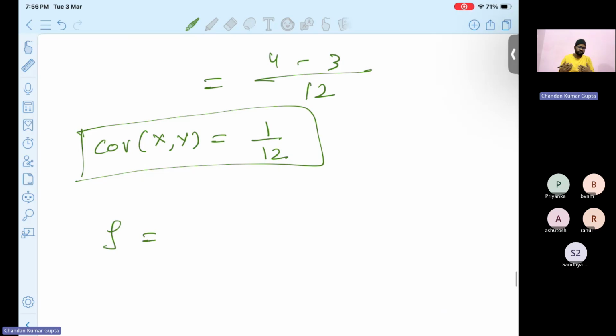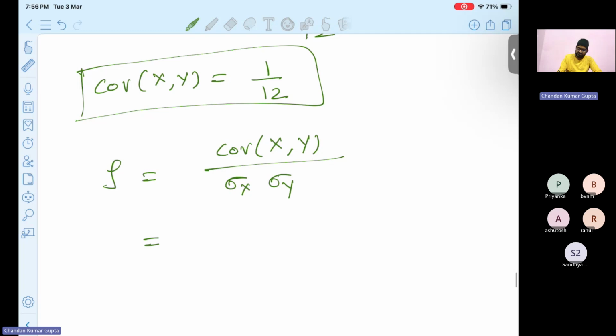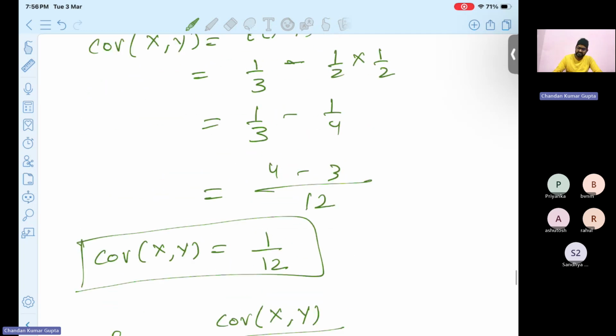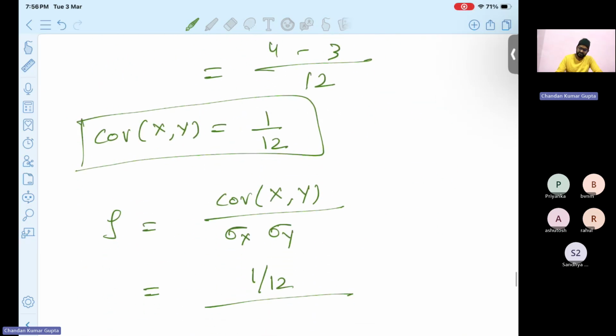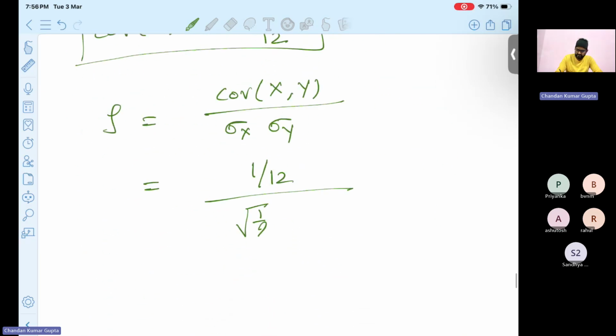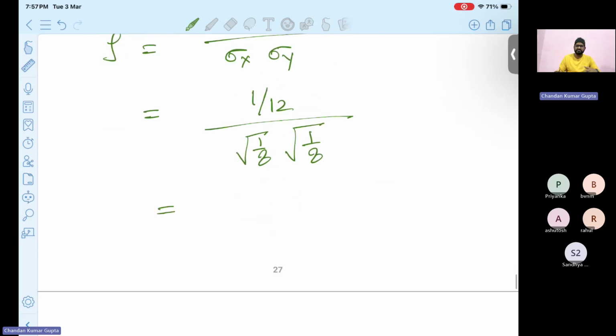Now rho, the correlation coefficient, which is our motto. The correlation coefficient is the covariance between the variables x and y divided by sigma x and sigma y. The covariance comes out to be this, and the variance is 1 by 8, so it's root 1 by 8. It seems like I'm just solving, there is nothing more I can say; the concept is already discussed.